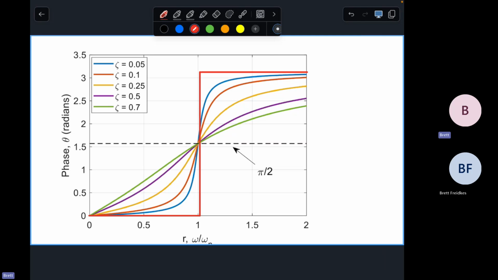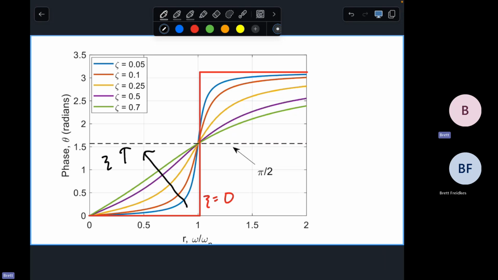So that red one that I just drew is the undamped case, zeta equal to 0. And as the damping increases, zeta gets bigger as we go this way.